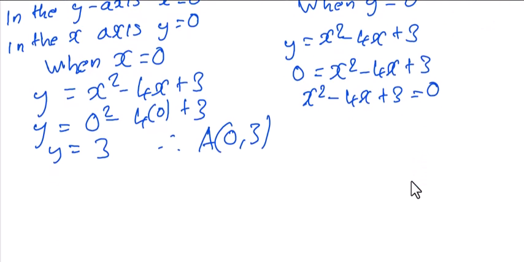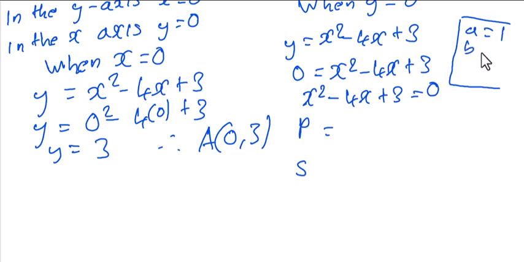We're now going to use the factorization method. So we're going to find the sum and the product. Our a is 1, our b is negative 4, then our c is equal to 3.